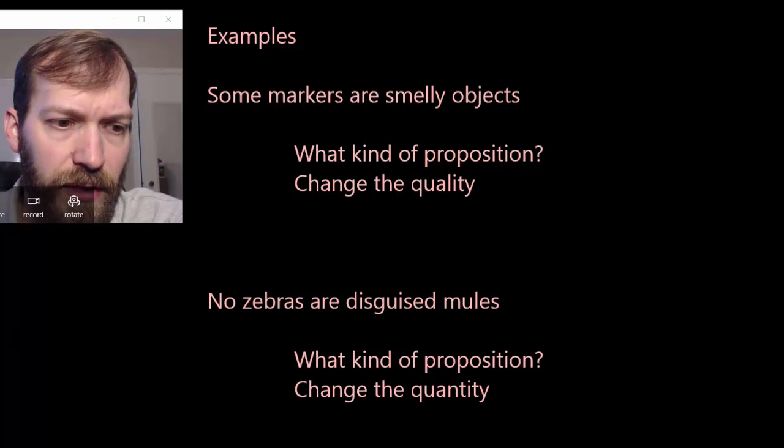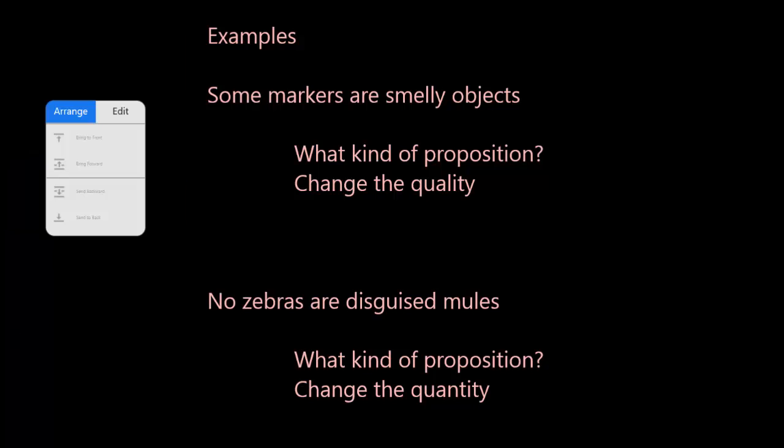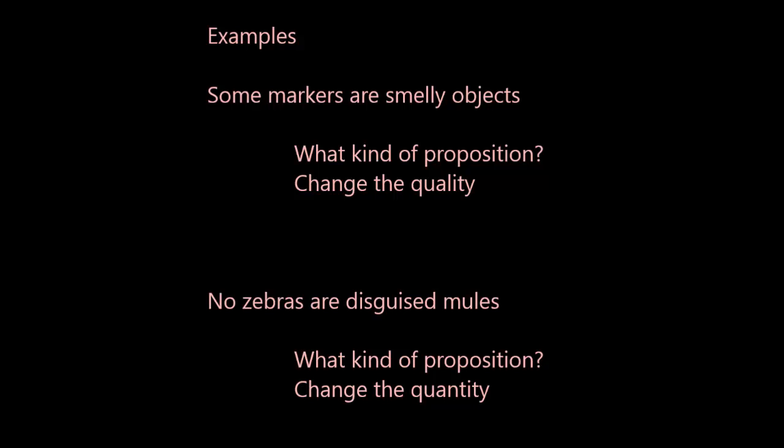The proposition that we have here is an I proposition. And if we change the quality, then we need to change our proposition from an affirmative to a negative proposition, and that's all we're changing.